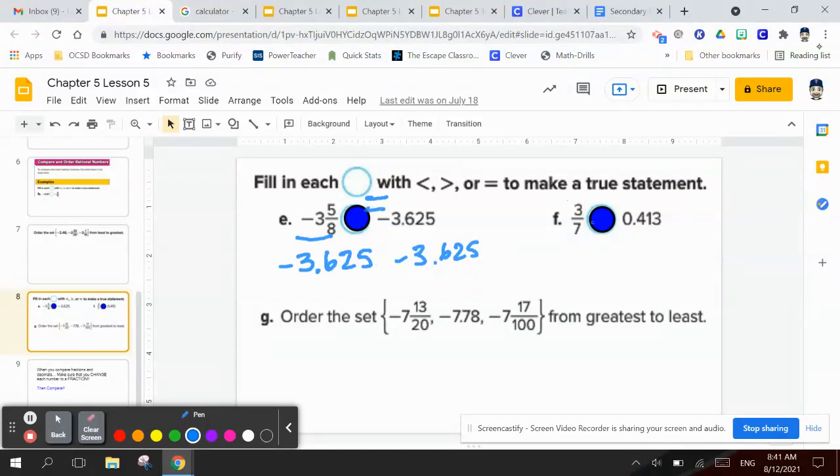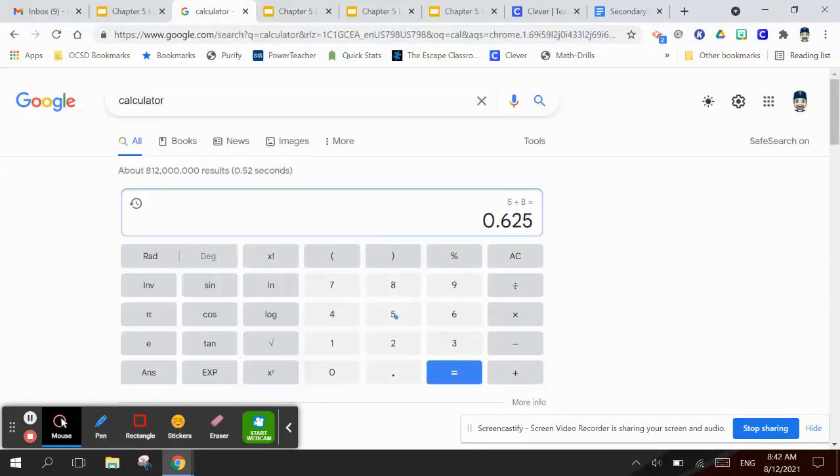Let's look at 3/7 and 0.413. We have to change 3/7 to a decimal. So I go to my calculator. 3 divided by 7 is 0.42857142857.